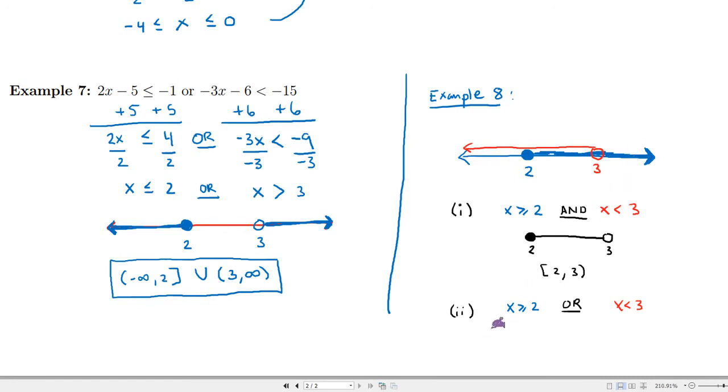So the union in this situation would actually be the whole real line. See this? So remember, union is just you have to be in one or the other. So if you arbitrarily pick an x value right now, you're certainly going to satisfy one or the other of these. There's no x value that would not work here.